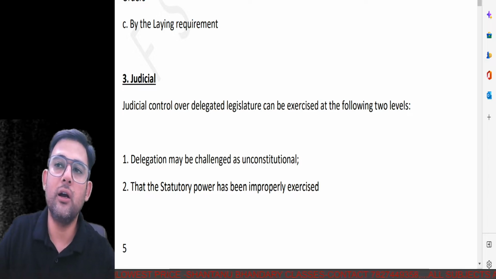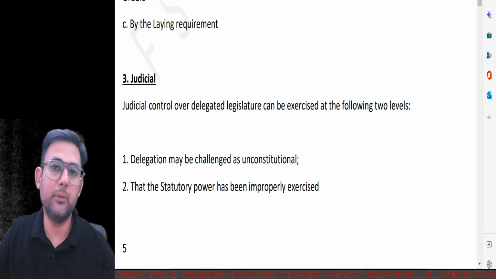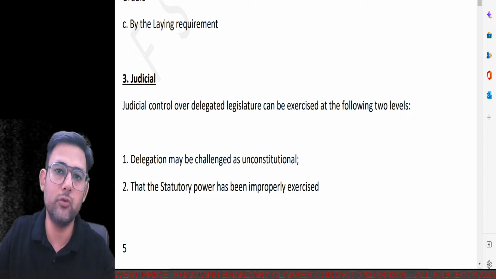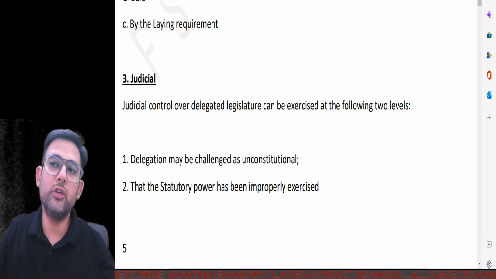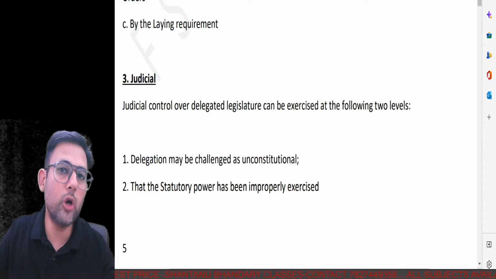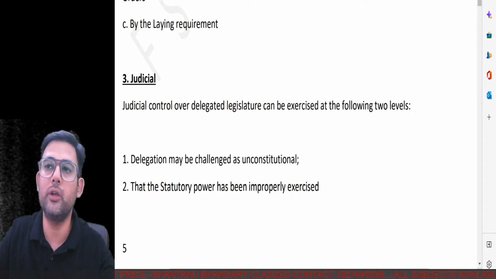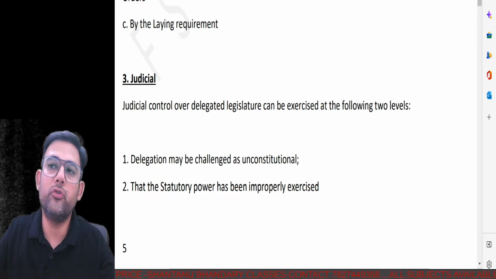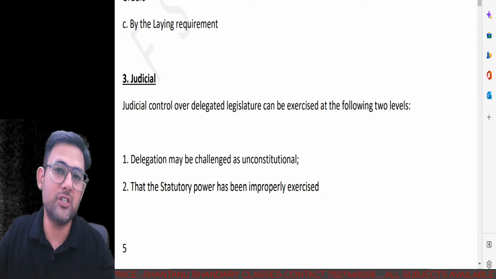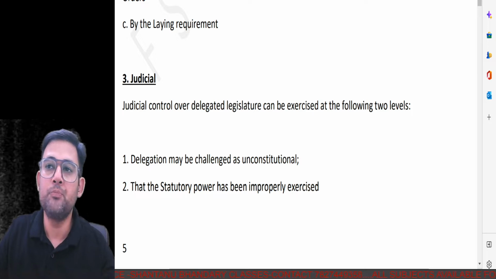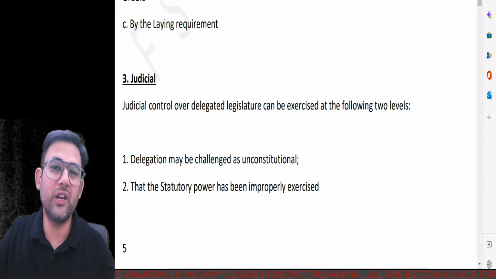But you see, in practical life, I'm not sure how much historical perspective you are aware of, but there was a lot of discussion about the CAA, which is the Citizenship Act, if you know about that. And then there was a lot of agitation going on in and around Delhi and other parts of India regarding the farmer laws. But you see, the courts really did intervene.